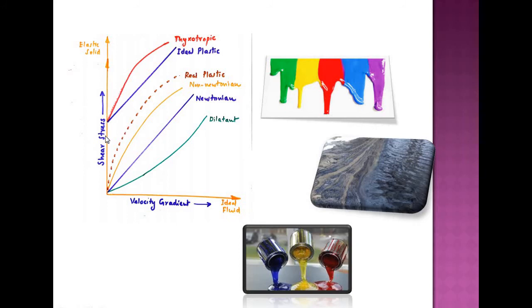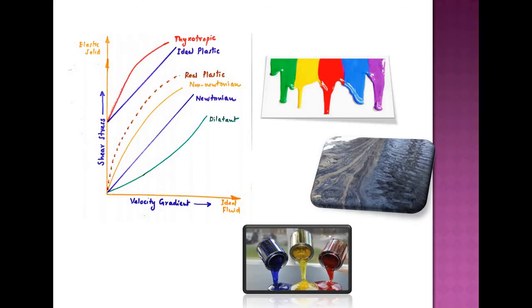You see this is a minimum value of stress C. Once you apply this minimum value of stress C, the ideal plastics behave in a Newtonian way, whereas the thixotropics behave in a non-Newtonian way. This minimum stress is required, that we have seen in the previous equation, tau equal to C plus du by dy whole raised to n.